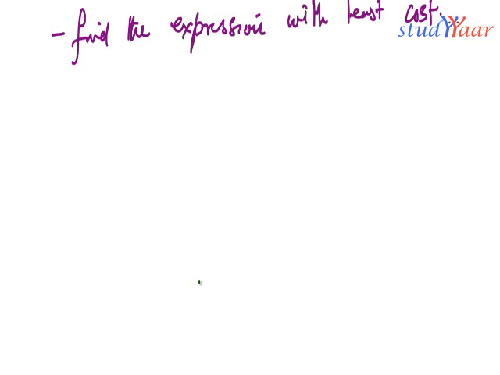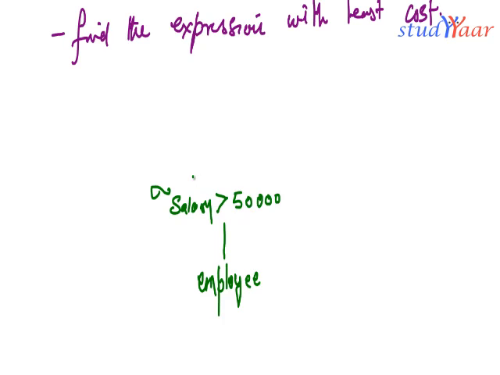Let's suppose I have my employee table. From this employee table, I first, what do I project, or rather select employees having salary greater than how much? Greater than 50,000. Okay, from the employee table. And after doing this, what am I supposed to do?